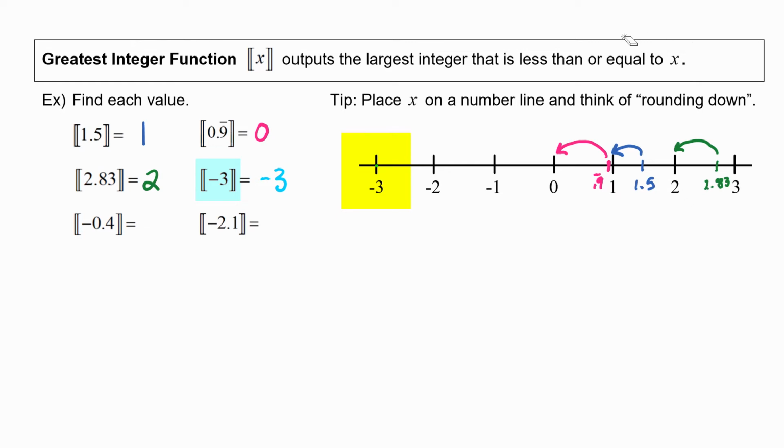So that's the first one that's been equal to itself. The greatest integer of -0.4 would be right here, and that would round down to -1. And the greatest integer of -2.1 would round down to -3.